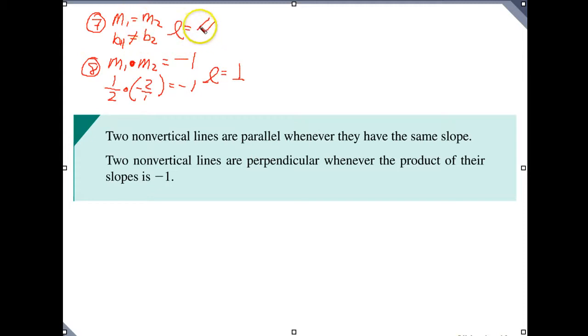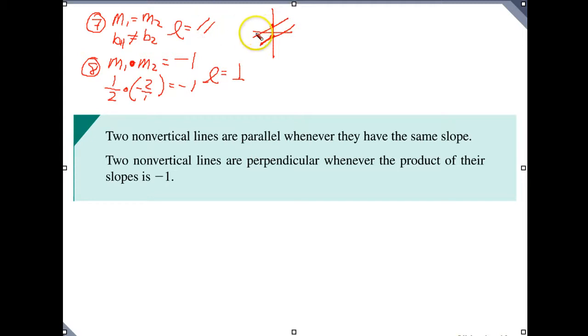Then the lines are going to be parallel. So you'll see this in a typical graph. I'll just sketch this. I didn't do that too well, but these lines are parallel. They'll have the same slope, but the intercepts will be different.